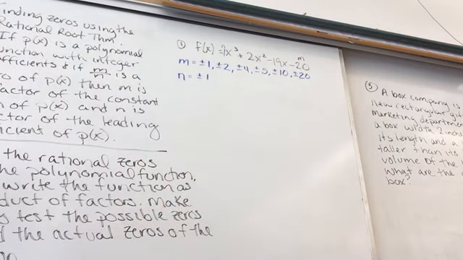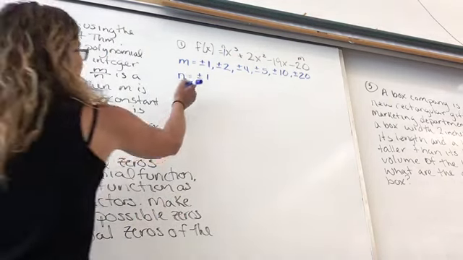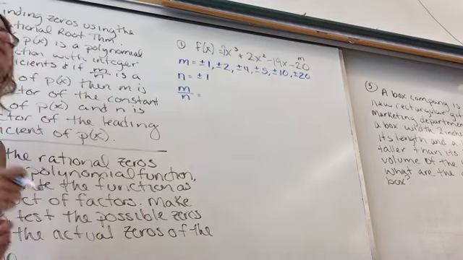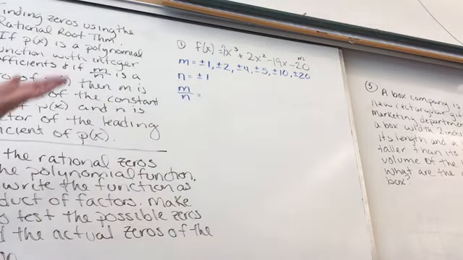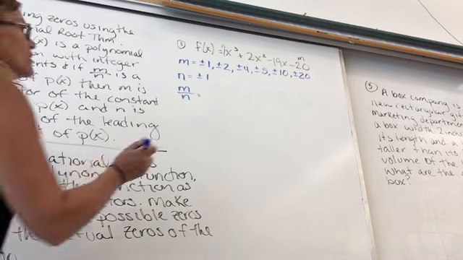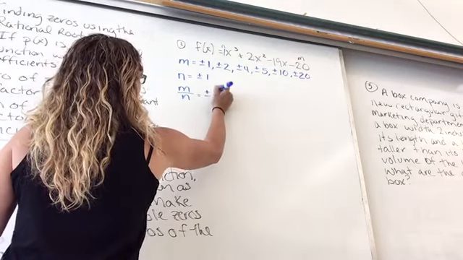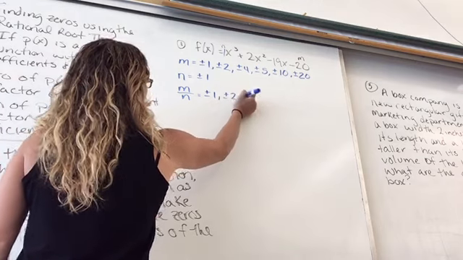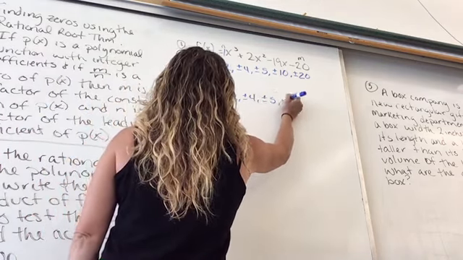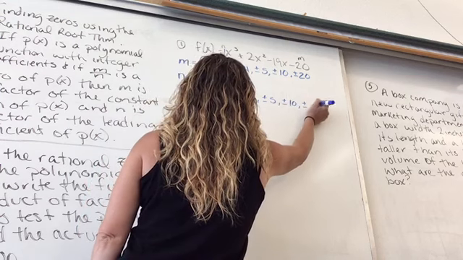So now we've got our list of values. We need to take every m value divided by n. And I know it seems like it might be a lot, but think about it. If I actually take all those values on m divided by 1 or negative 1, I'm really not changing anything. So for this one, we simply get plus or minus 1, plus or minus 2, plus or minus 4, plus or minus 5, plus or minus 10, plus or minus 20.